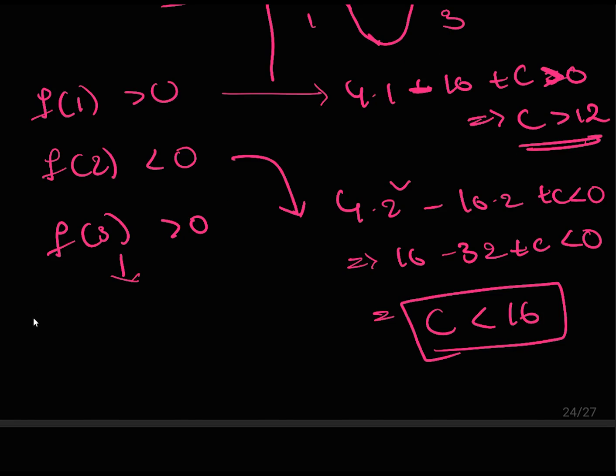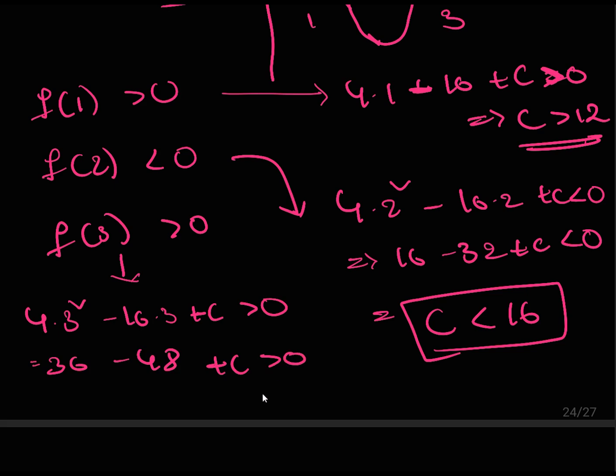From the third equation, we will get that 4 times 3 square minus 16 times 3 plus c should be greater than 0. That equals 36 minus 48 plus c greater than 0. That implies c should be greater than 12.